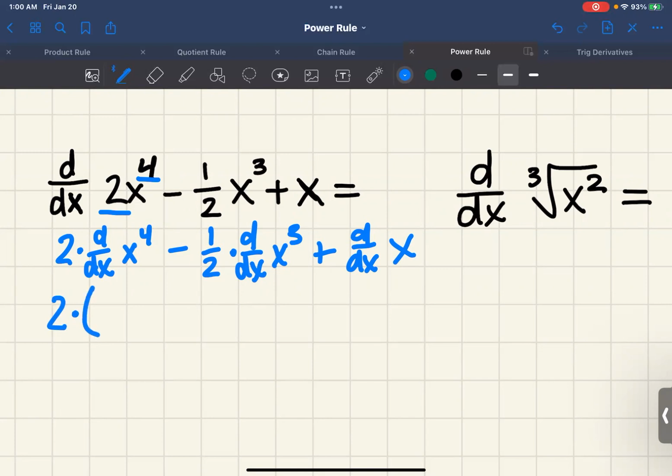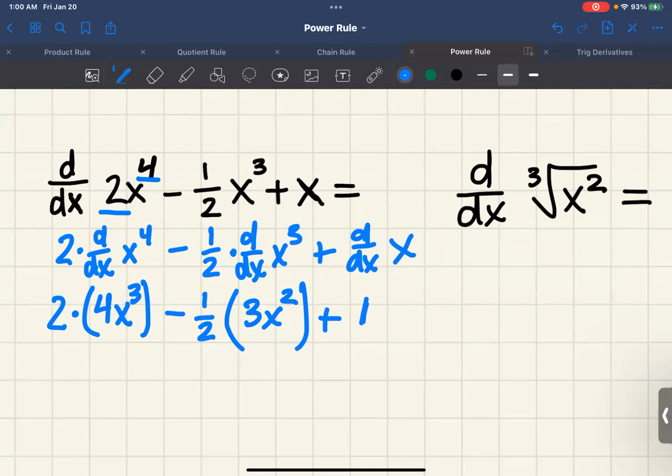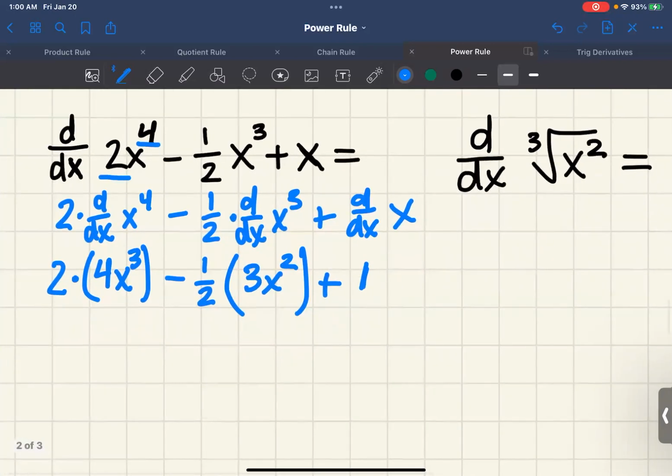We bring that 4 down, and then we bring the x back and do 4 minus 1, which is 3, minus 1/2 times the derivative of x cubed, bring the 3, x, 3 minus 1, 2, and then plus the derivative of x is just 1. And then we can just clean it up a little bit. We have 8x cubed minus 3/2 x squared, and then plus 1.